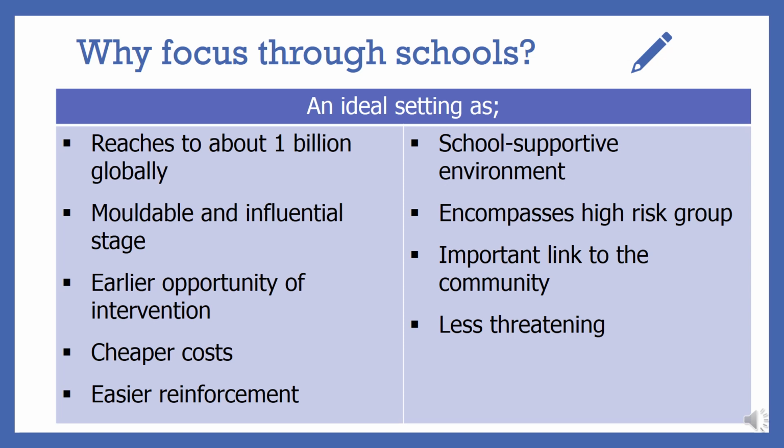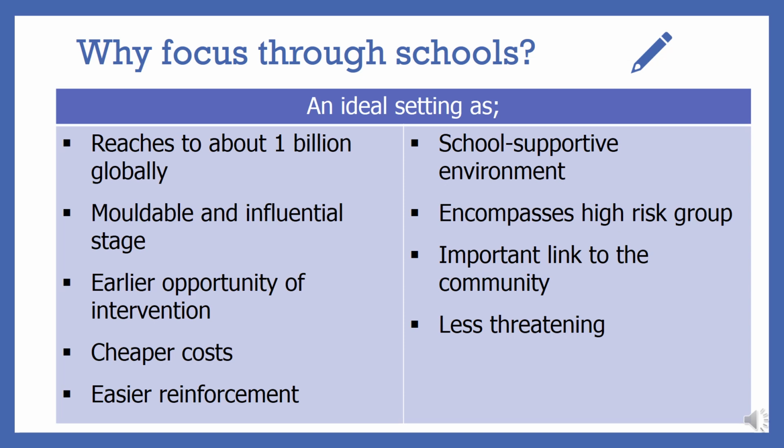Now, why do we focus through schools? Schools are an ideal setting, as about 80% of children attend primary school and about 60% of them attend secondary school. Therefore, a school is a setting whereby we can reach about 1 billion children globally.